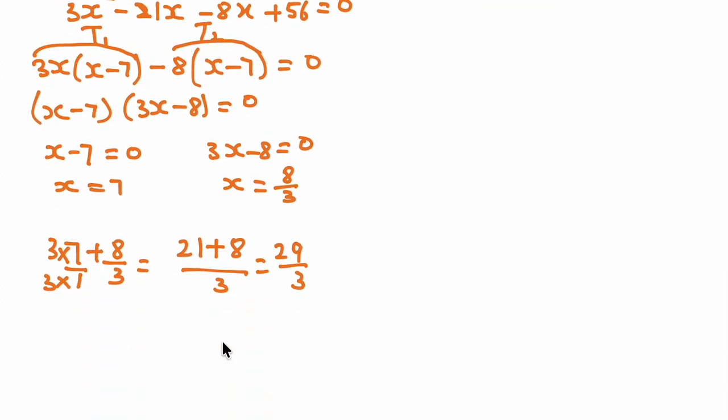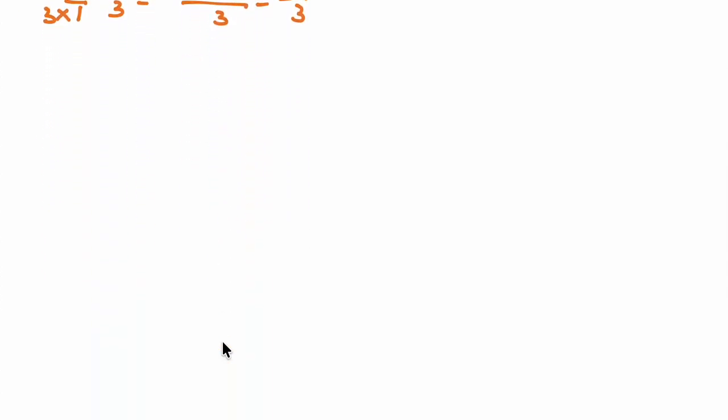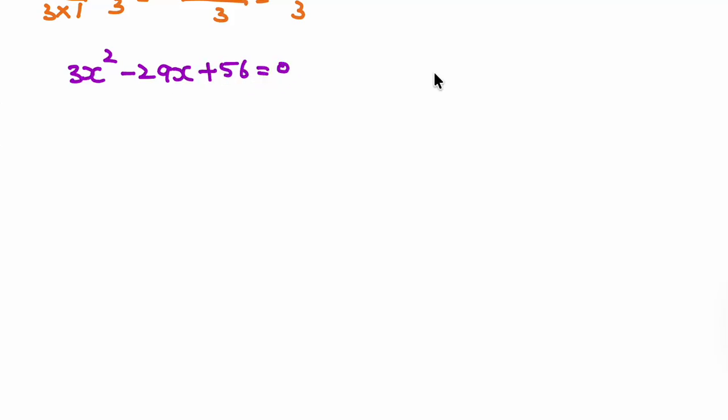Now the second method: I will use the quadratic formula to calculate the zeros. So that is 3x squared minus 29x plus 56 is equal to 0. The quadratic formula is x is equal to negative b plus or minus the square root of b squared minus 4ac, all over 2a.